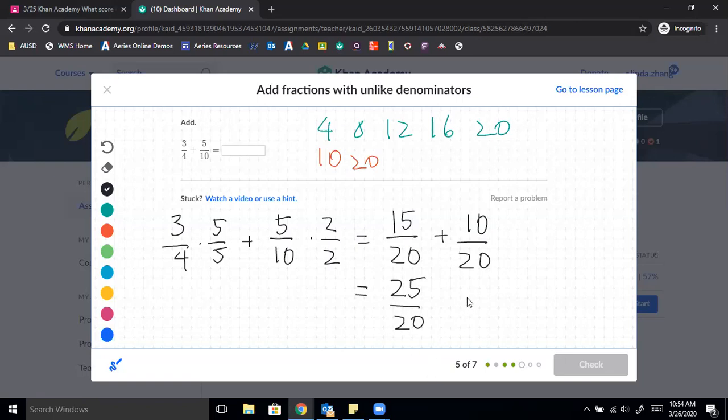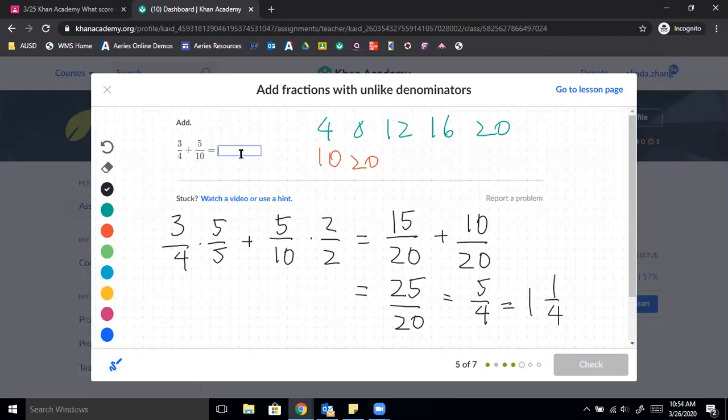Okay, if I put in 25 over 20, I would probably accept it. Let's see. 5 over 4, that's 1 and 1/4. Okay, I'll put in 25 over 20. Let's see.